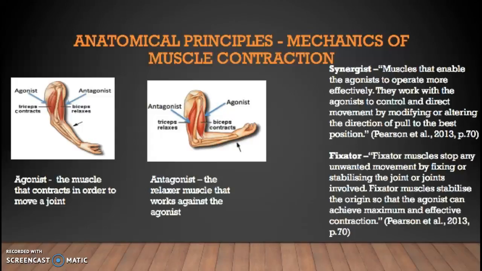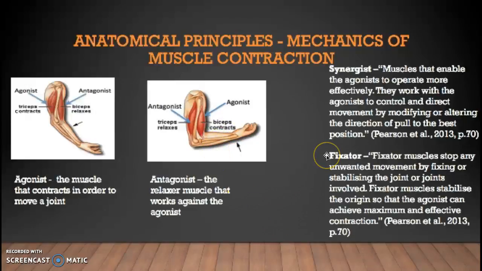As you can see in the first picture, which is the down phase of a bicep curl, the agonist here is the tricep, and the antagonist would be the bicep, because the bicep lengthens, while the agonist contracts. But on the up phase, it's the reverse. So the agonist becomes the bicep, and the antagonist becomes the tricep.